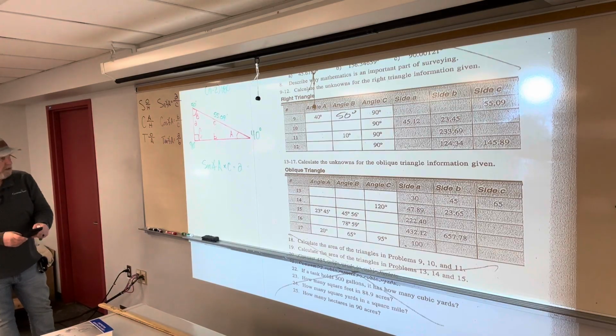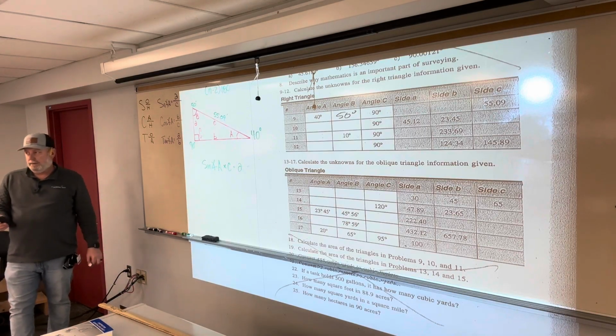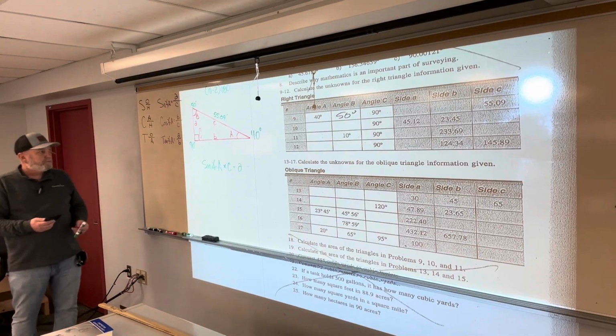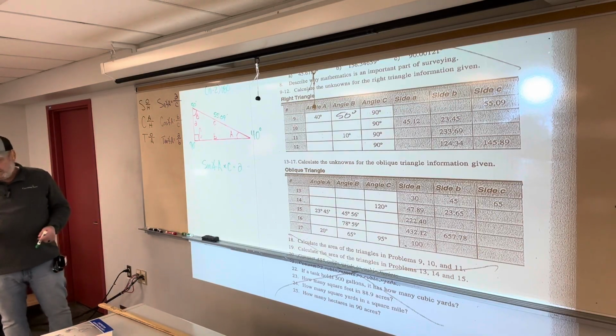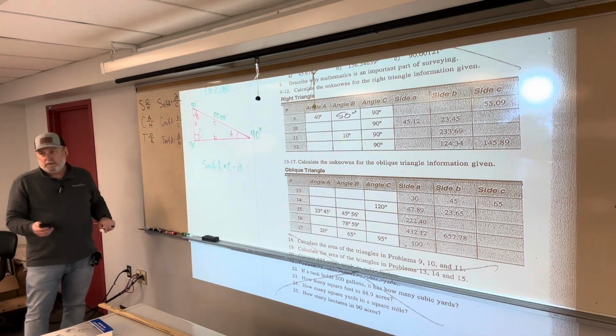So I take 40 times the sine, and I got a distance. What do you got? 41.05?